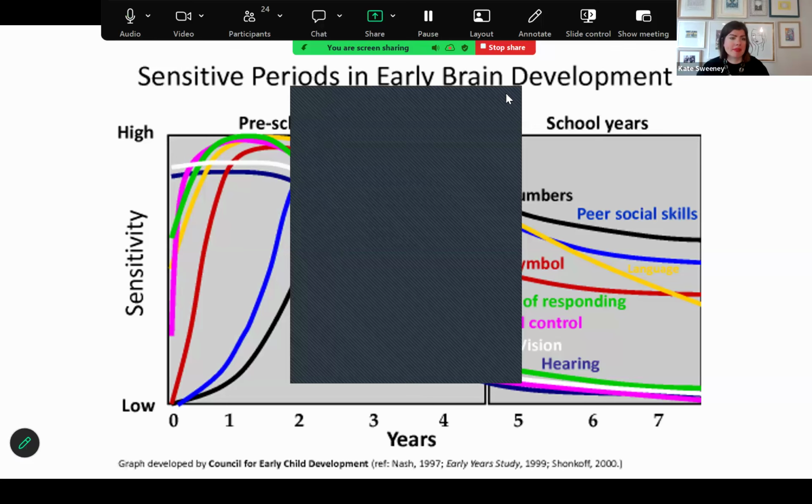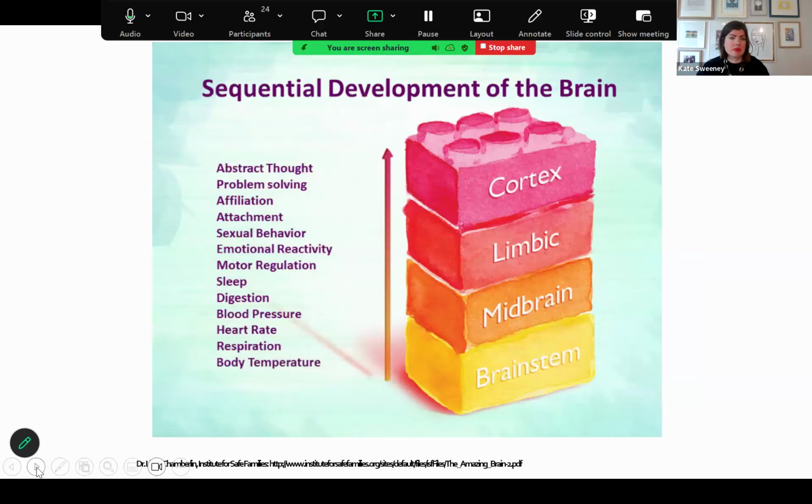Okay. And then this is just a final visualization of what she was saying in the video, that the brain works collectively, but is really built from the bottom up and the inside out. So in these areas we're thinking about the physiological state: blood pressure, heart rate, respiration, body temperature, digestion.